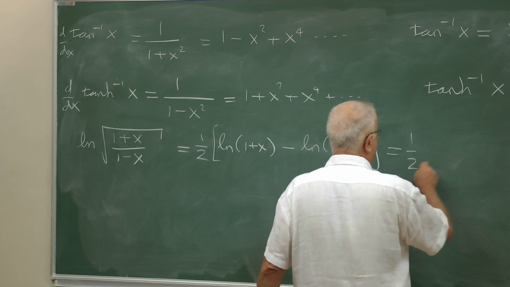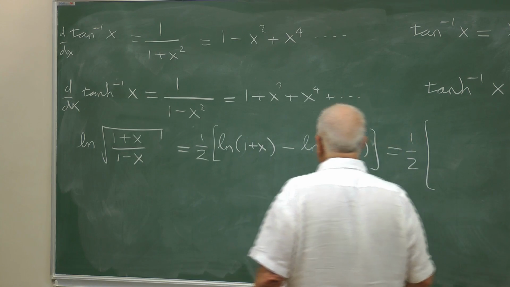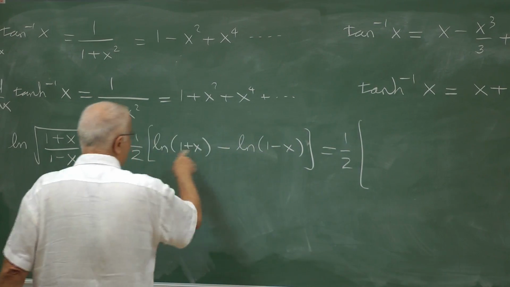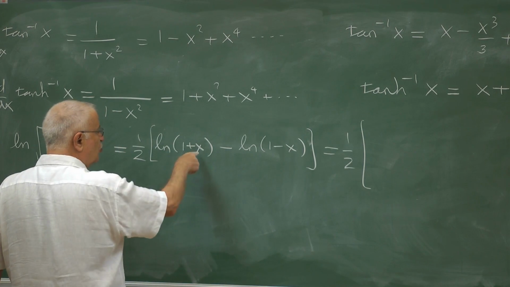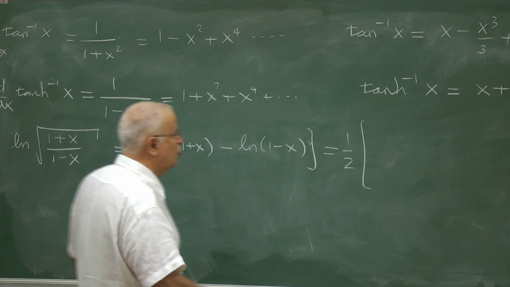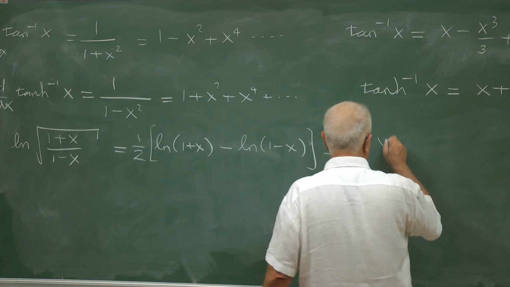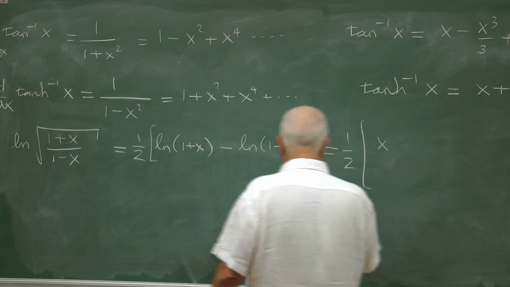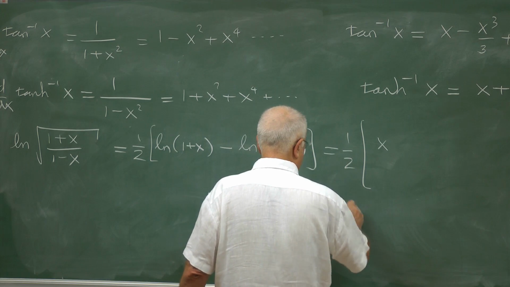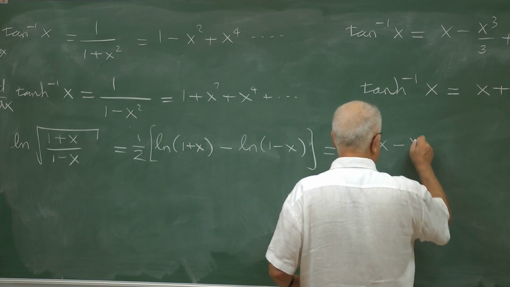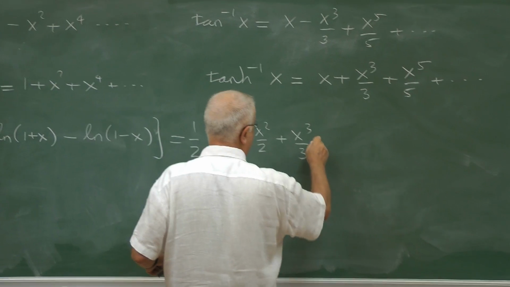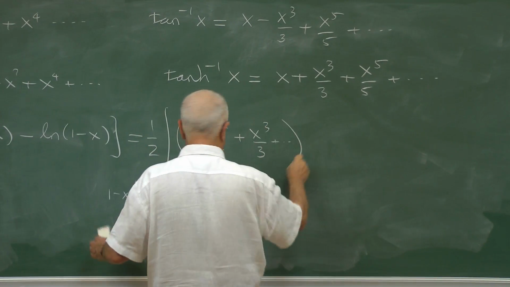Its derivative was 1 over 1 plus x, which is 1 minus x plus x squared. So this was x minus x squared over 2 plus x cubed over 3 terms.